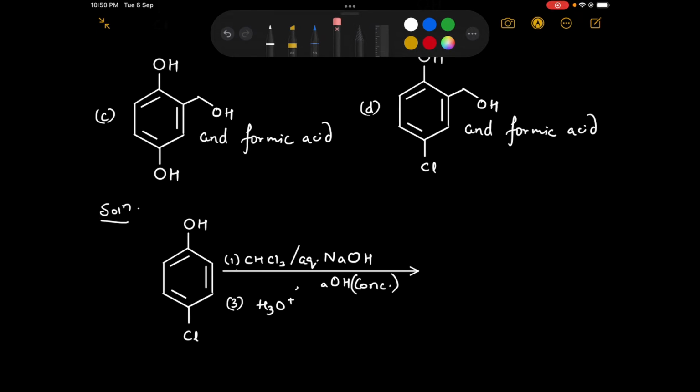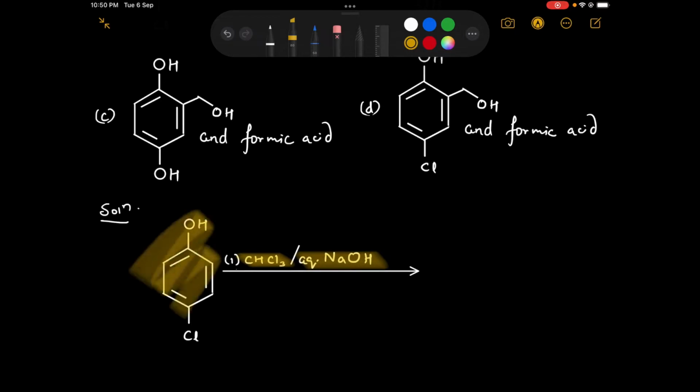Let us have a look at the first set of reagents here. The first set of reagents comprises chloroform, that is CHCl3, and the other one is aqueous NaOH. Observe the reactant. The main substrate comprises a benzene ring with an OH and Cl, that means it's a phenol.